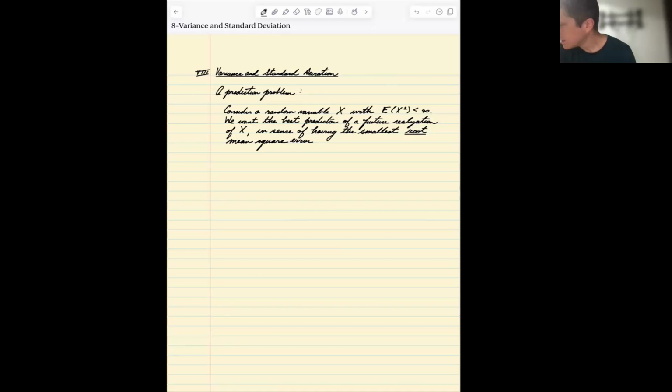We abbreviate that as RMSE. Now, what is the root mean squared error? So the root mean squared error for a prediction.